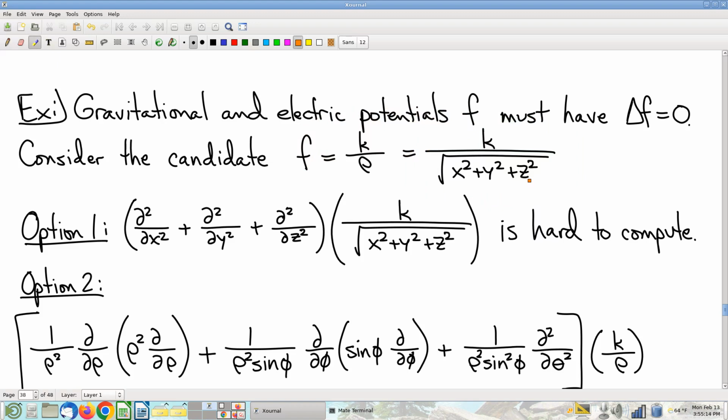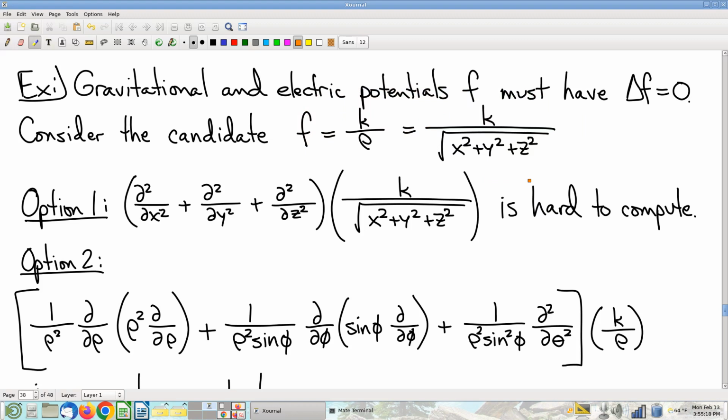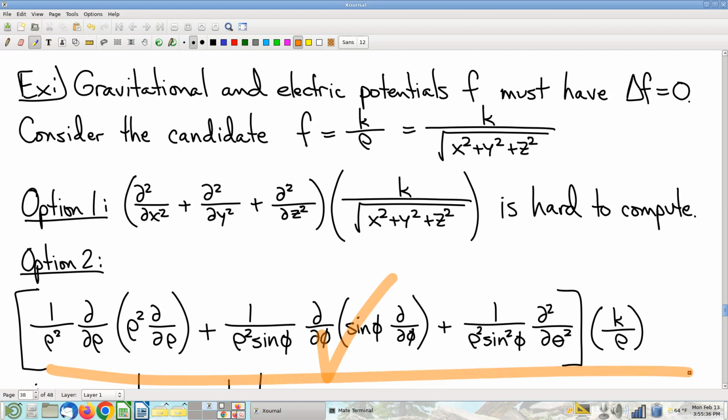Okay, so in your not-so-distant futures in engineering classes, when you find yourself looking at the Laplacian and they say, hey, apply the Laplacian to this function, if they don't insist that you do rectangular coordinates, go ahead and look up my old notes here and find the spherical Laplacian and do it this way and save yourself a ton of trouble. Everybody happy?